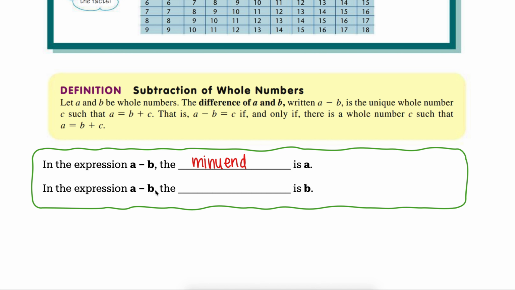And the second number, the number that's being subtracted, is the subtrahend. So we do have very specific terminology for the two numbers that are being subtracted. A lot of times you don't hear these used, but they do exist, so I want to share them with you.